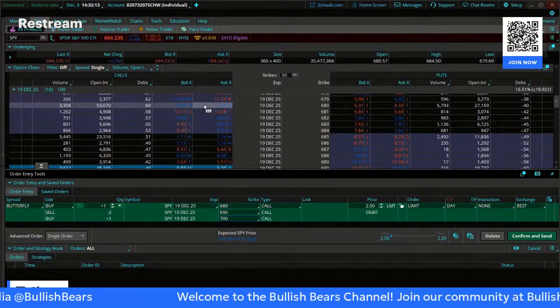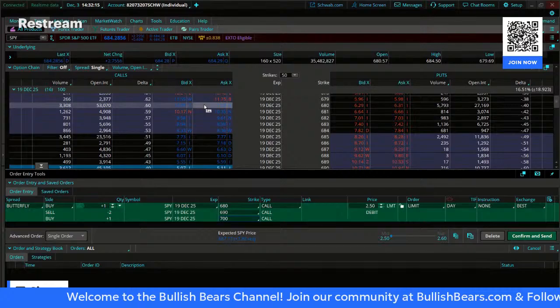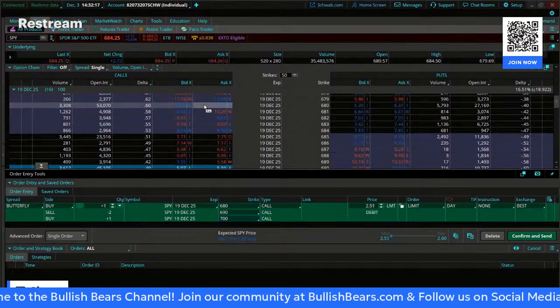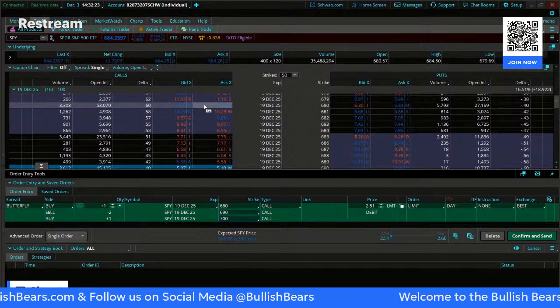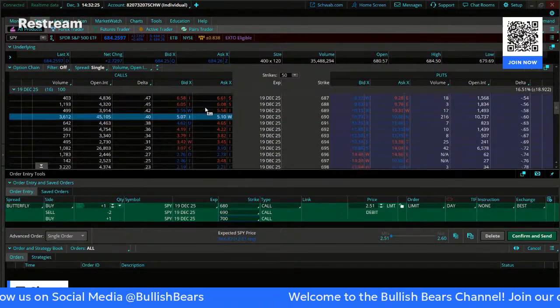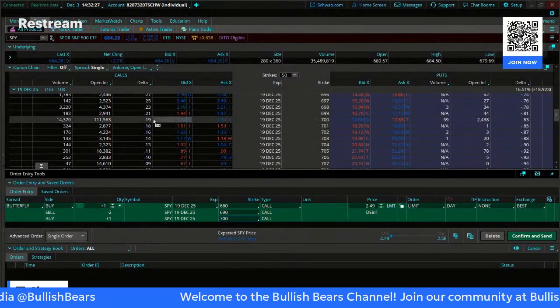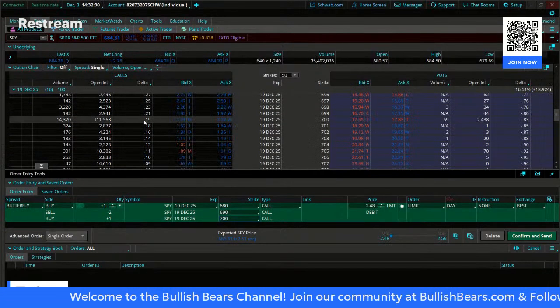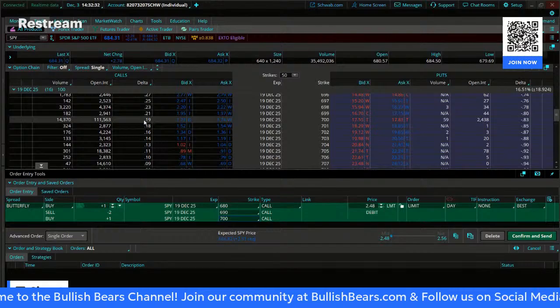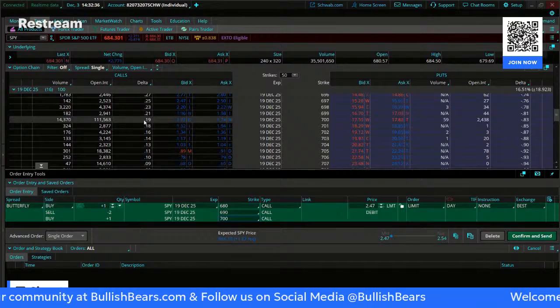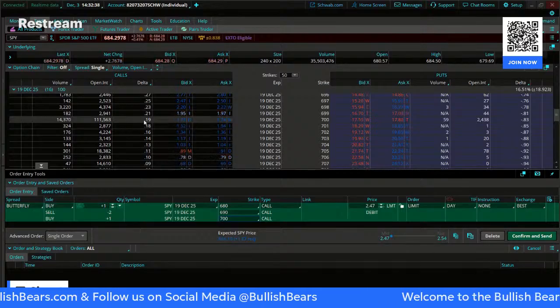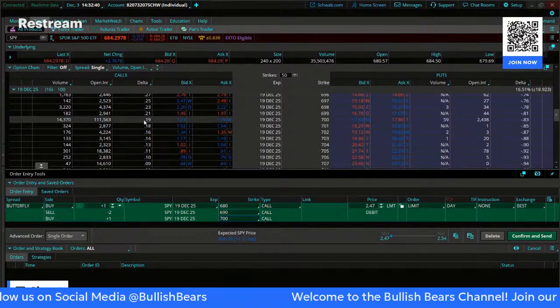So this trade has a 60% chance of closing above 680. That's a good number, right? 60%. It sounds pretty good. But remember, we can't overshoot the trade. How likely is it that we overshoot the 700 target up there? We've got to stay underneath that level. There's a 20% chance that we hit that.